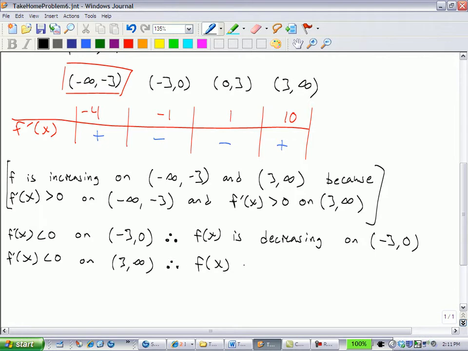Wait, isn't it supposed to be 0 to 3? Oh, 0 to 3. Did I put the wrong one in there? So what were they? They were negative 3 to 0 and 0 to 3. Good job. Good catch.